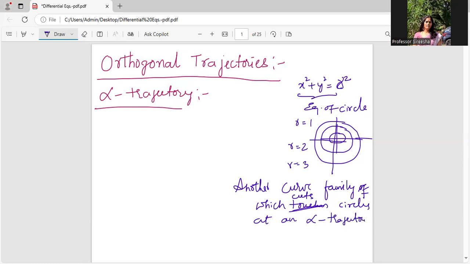If the angle is alpha, then it would be called an alpha trajectory. If alpha is 90 degrees, then it would be called an orthogonal trajectory.